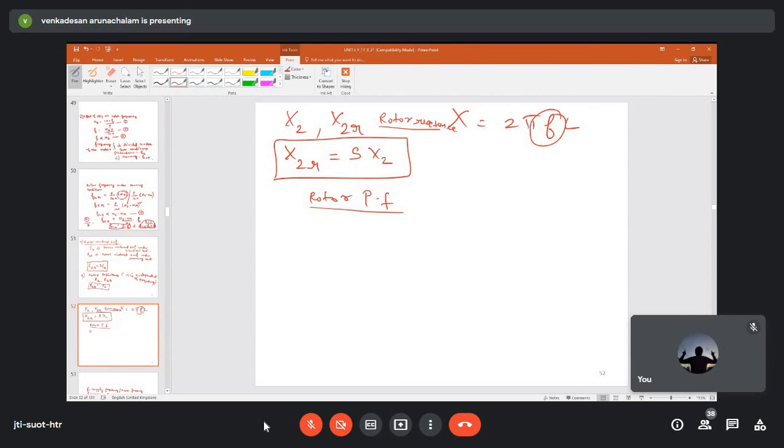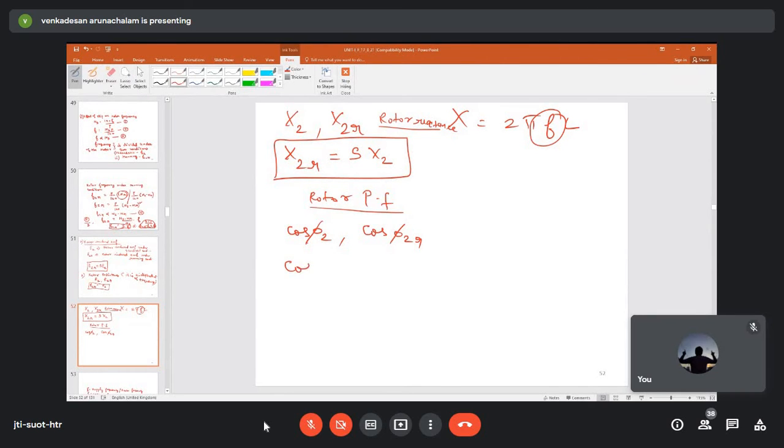Power factor is cos phi 2. That is the rotor power factor under standstill condition, and this is the rotor power factor under running condition.